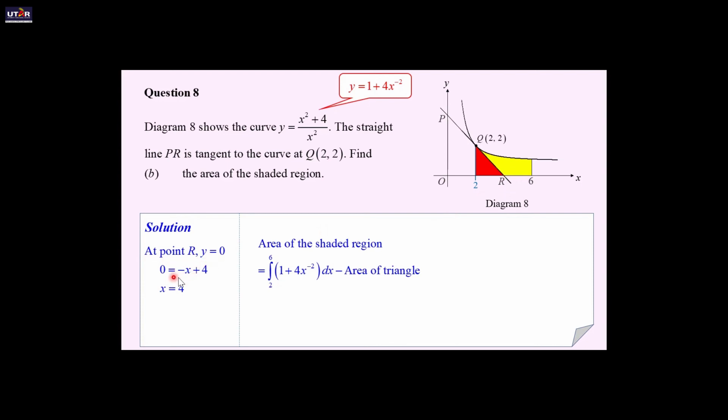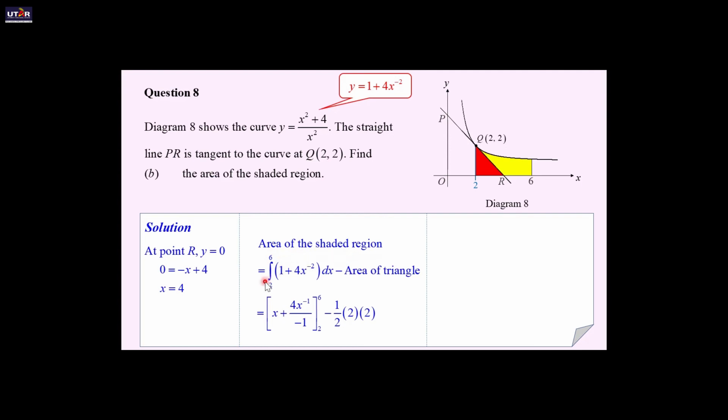By substituting y equal to 0 into the equation of the straight line in part A just now, we obtain x equal to 4. So we will have the base of the triangle equal to 2, because 4 minus 2 is equal to 2.